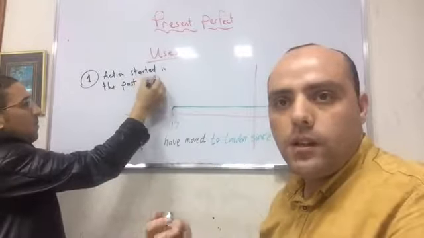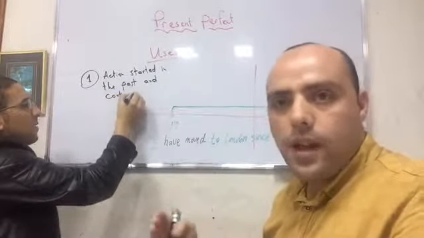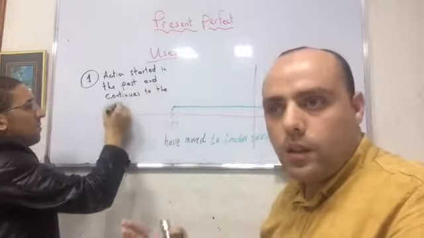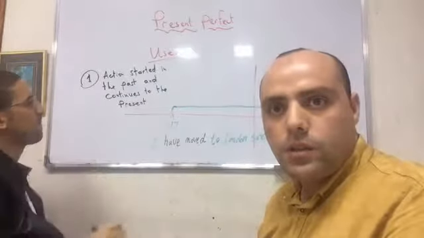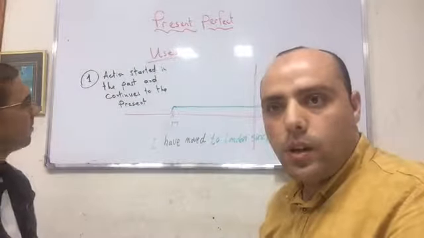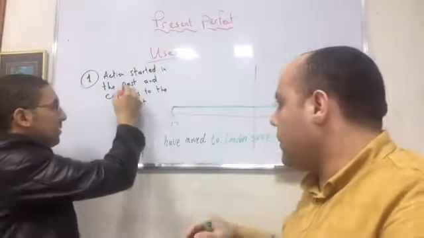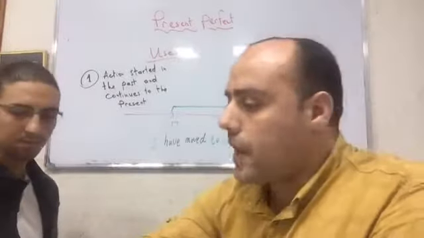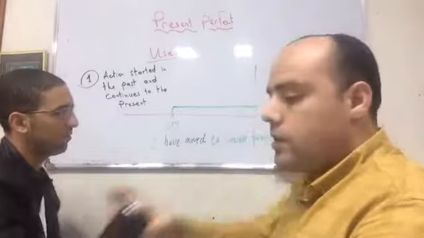I've cleaned the flat, an action that happened, and we still have its effect. For example, I've washed the car, so it is clean right now. Is the action finished? Yes, the action is finished, but what's the effect of that? The car is clean.